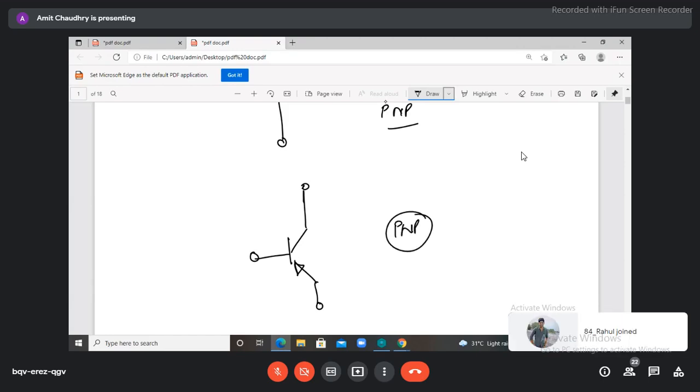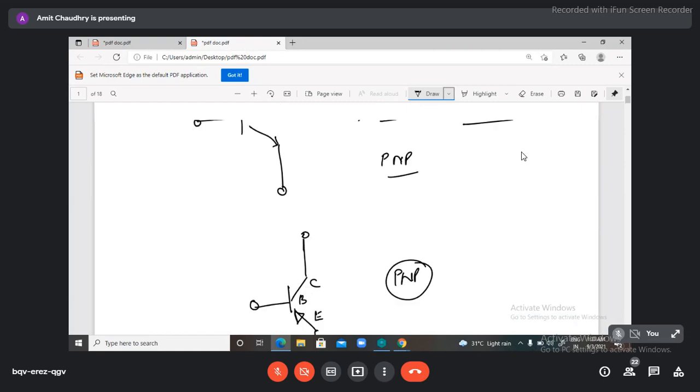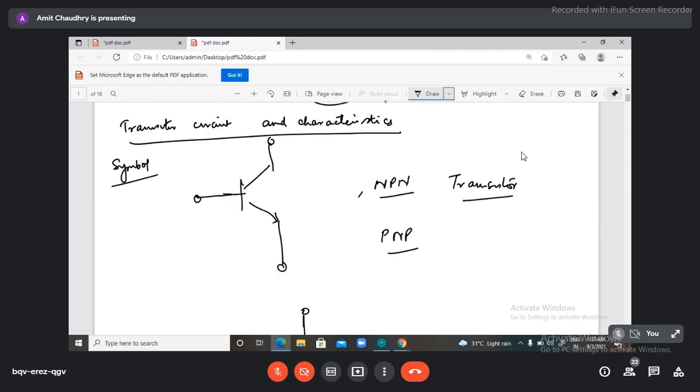If the arrow is inside, then it's PNP. Now this is emitter, this is base, and this is collector.